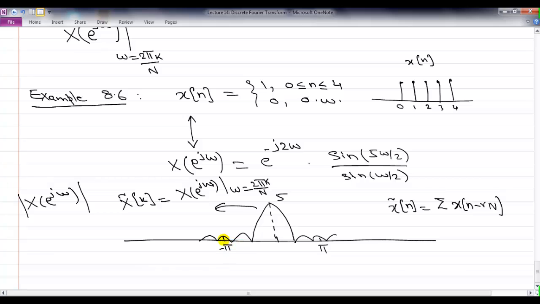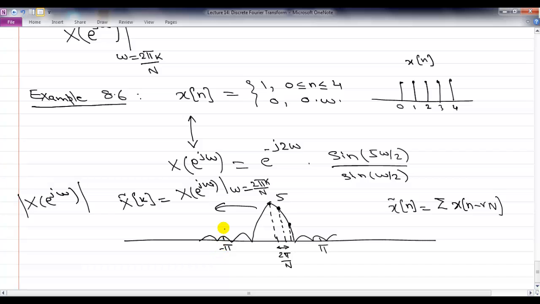Okay. Effectively, you will divide this whole thing into every 2 pi over N intervals. So this whole thing is 2 pi over N. Your first Fourier series coefficient will be this, the second will be this, the third will be this, and so forth.